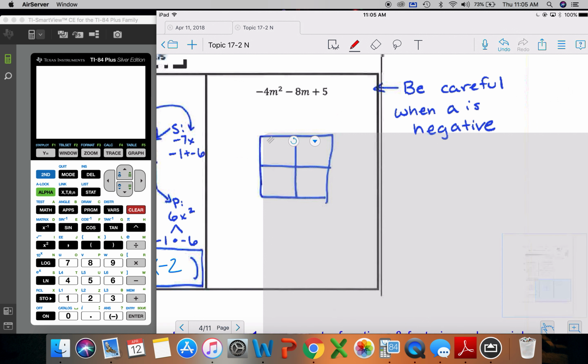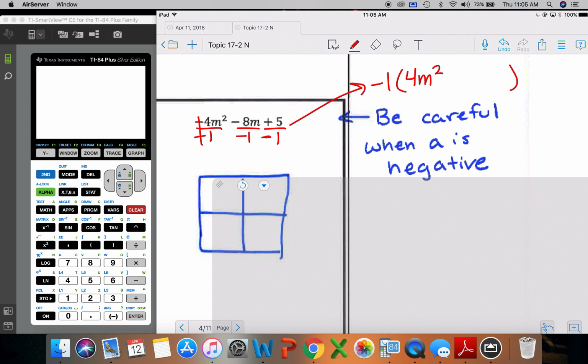So remember, when we factor out a GCF, you take out that -1 and you divide it out. Whatever is left goes in parentheses. Remember that negative divided by negative cancels. If you divide by a negative and don't already have a negative, it changes the sign. So all of these signs have changed.